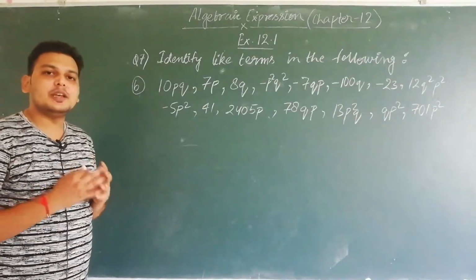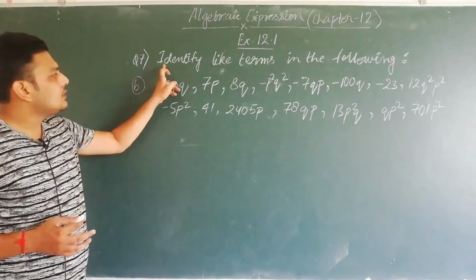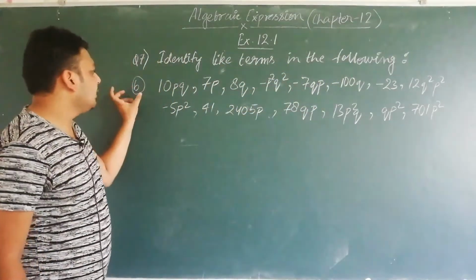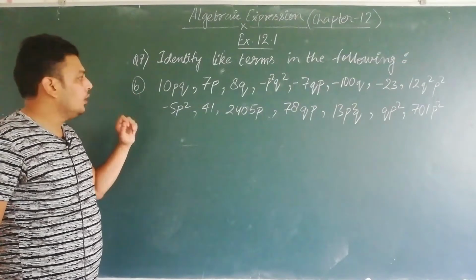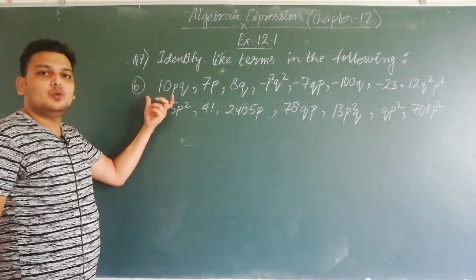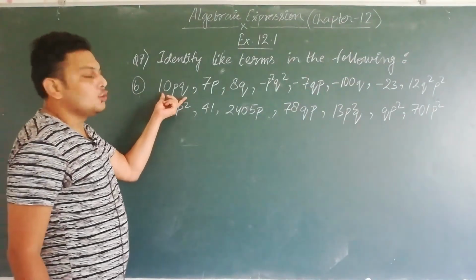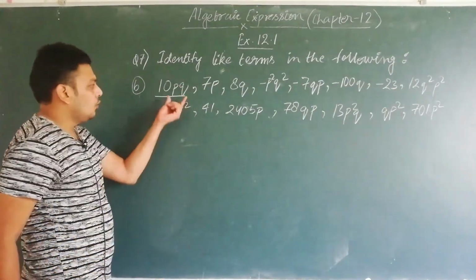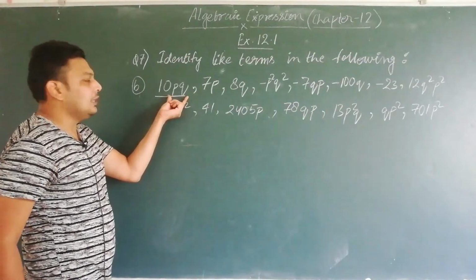Now moving to question number 7, it says identify like terms in the following. We are taking part B. Okay, understand how to do this question. 10pq means we have to find similar terms having same variable pq.